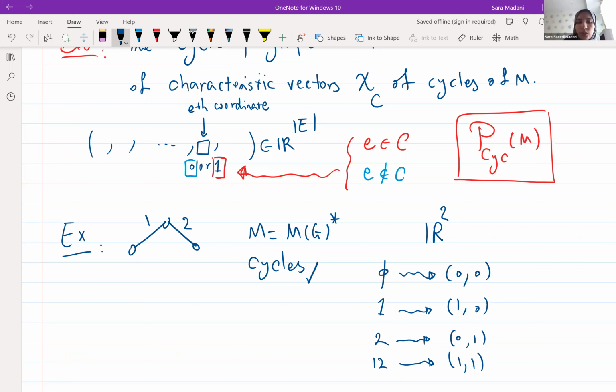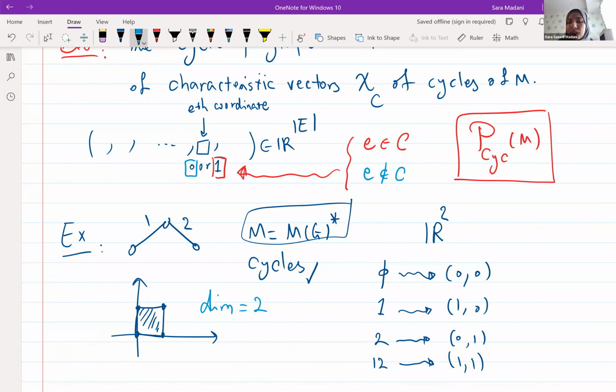So in R2, we know these 4 points, their convex hull, and this square that we saw in the beginning. So this is the cycle polytope of this matroid associated to my graph. And as we said before, it has dimension 2.